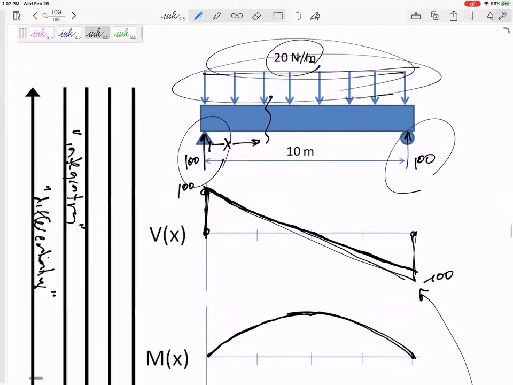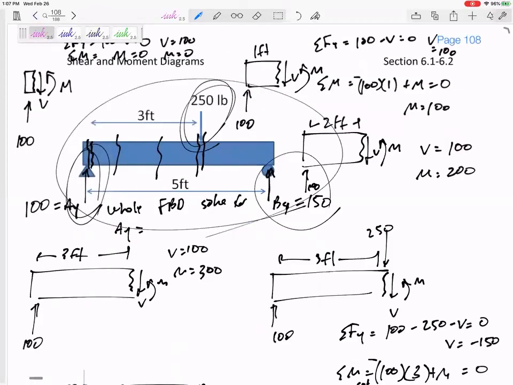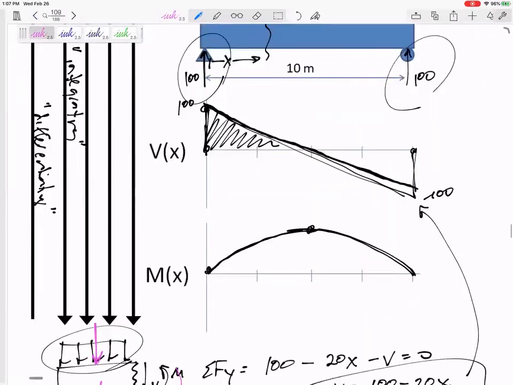So here it's the area under the V that is pushing my moment diagram up. This right here would be a positive area if it's above the axis.